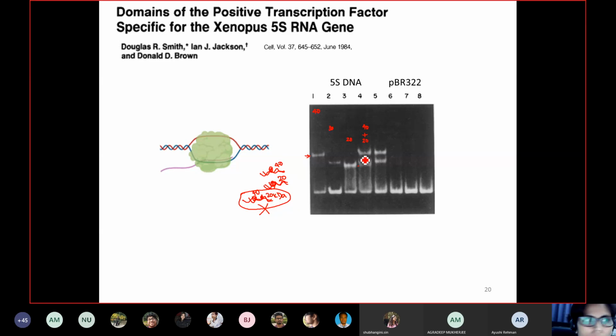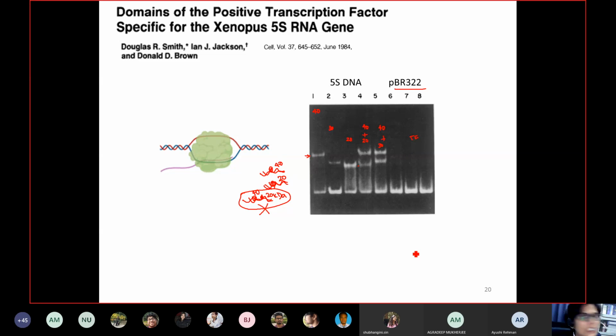So what you see here is the fraction mixed with the two oligonucleotides, and similarly here what you see is 40 plus your 30 kilodalton. And as a control, they used pBR322, which does not have any binding site for the transcription factors. So these transcription factors were not able to bind to any of those sequences.